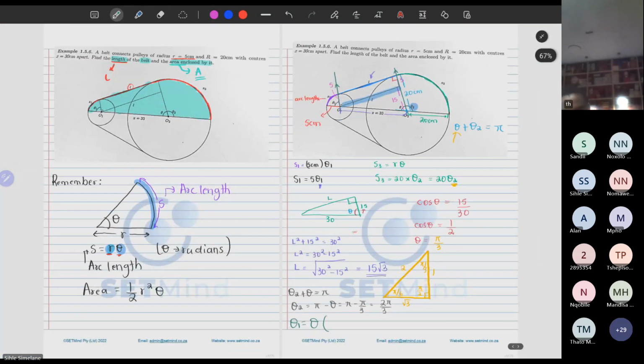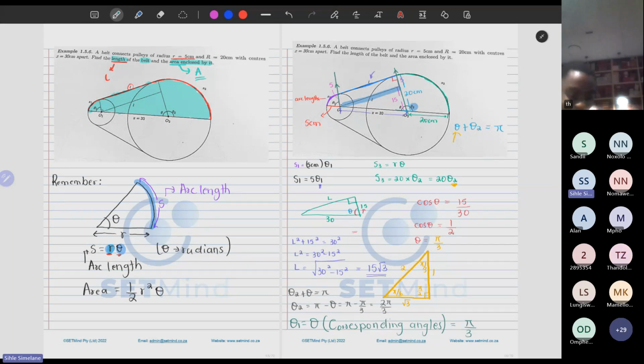Corresponding angles are equal. Corresponding angles, on point. So which means this theta here is the same as pi over 3.